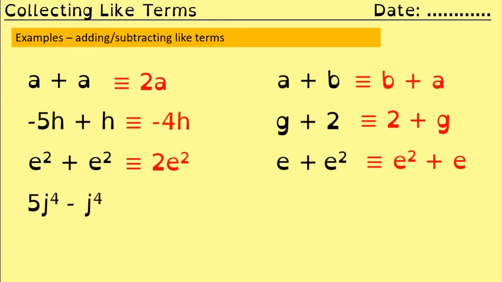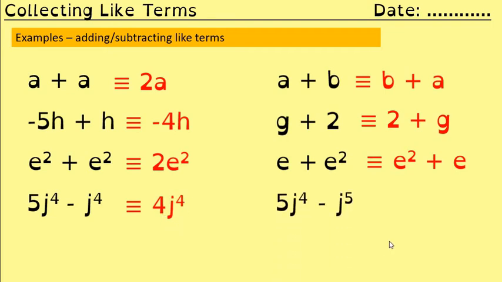This next expression, we have 5j to the power of 4, subtract j to the power of 4. And these are like terms because we have the same variable j to the same power 4. And that means they can be collected to one single term. And that one single term will be 4j to the power of 4.